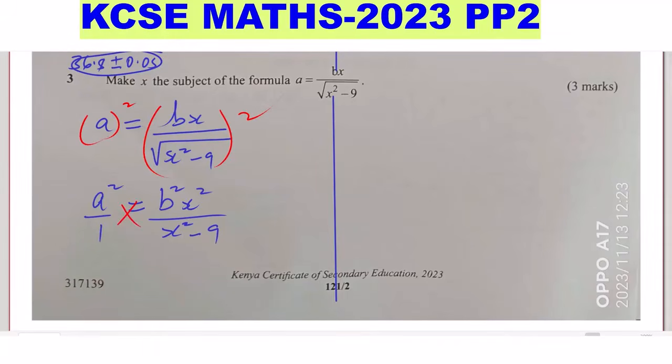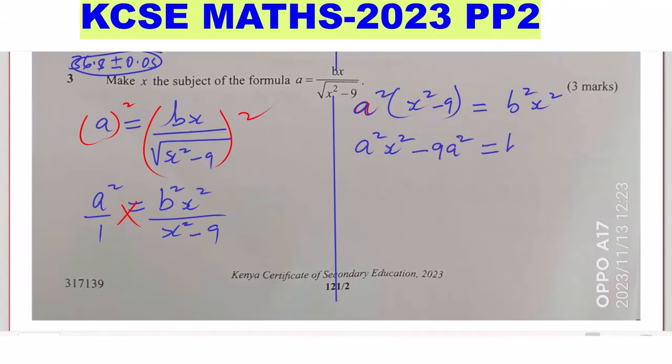Let's cross multiply, and this one will be a squared multiplied by x squared minus 9, is equals to 1 multiplied by b squared x squared. In the brackets, you get a squared x squared minus 9a squared is equals to b squared x squared.